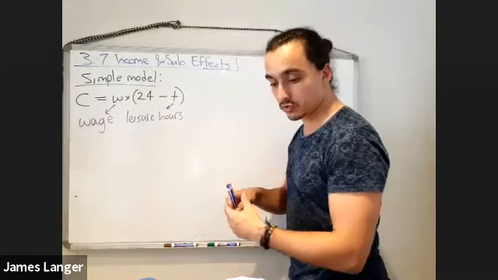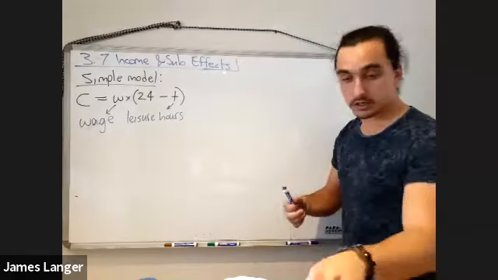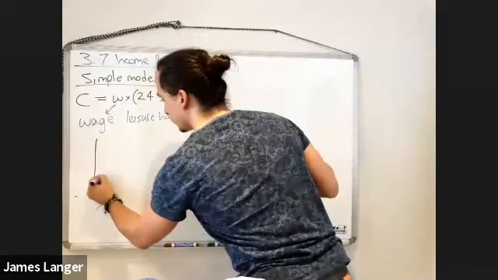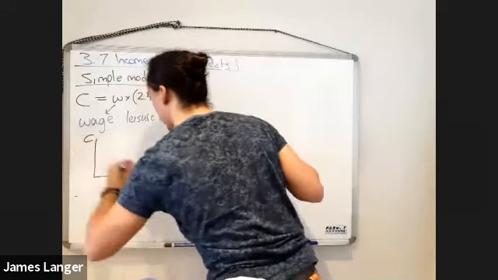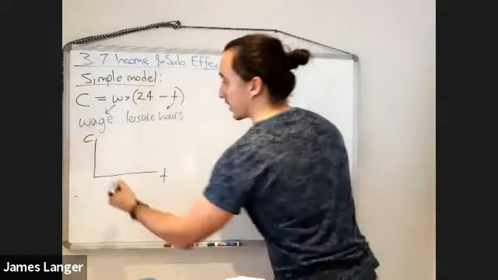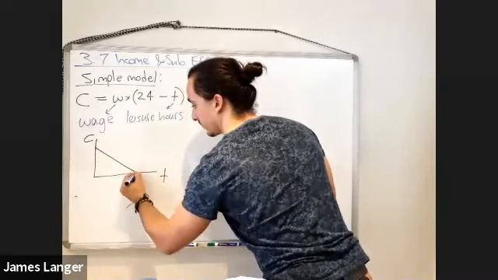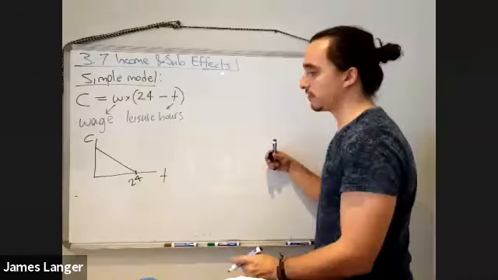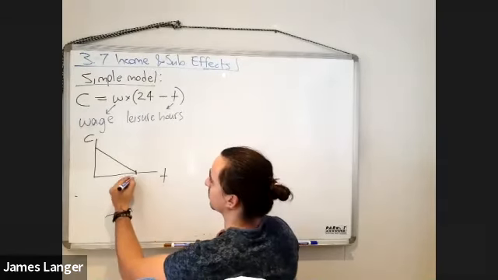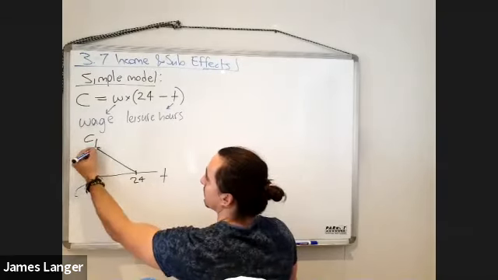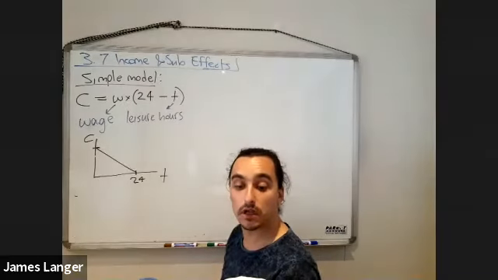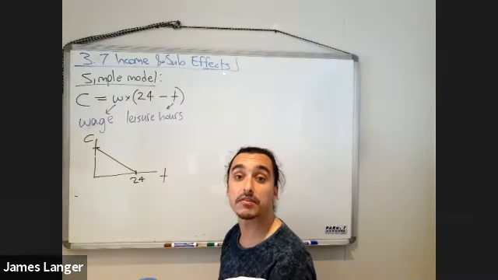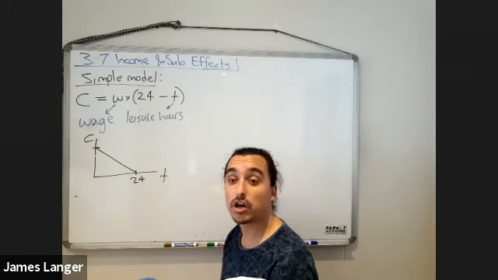Okay. So we can draw this now on a small graph, right? We can say consumption here and leisure hours here. The maximum leisure hours I can have is 24. And what is the maximum amount of consumption I can have, guys? Anyone got an answer for me?